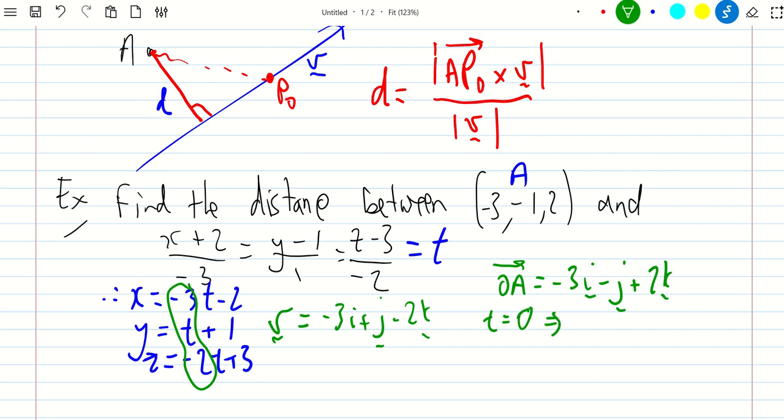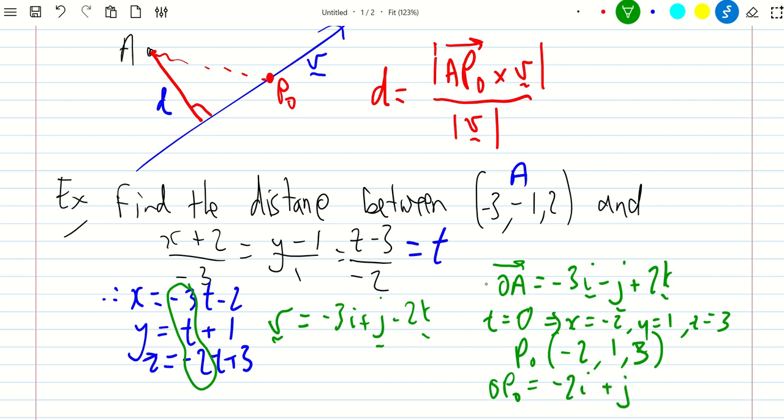I get x is equal to -2, y is equal to 1, and z is equal to 3. So I'm going to take P naught as being (-2, 1, 3). I know that is on the line, just substituting in t equal to 0. Therefore my OP naught is equal to -2i + j + 3k.